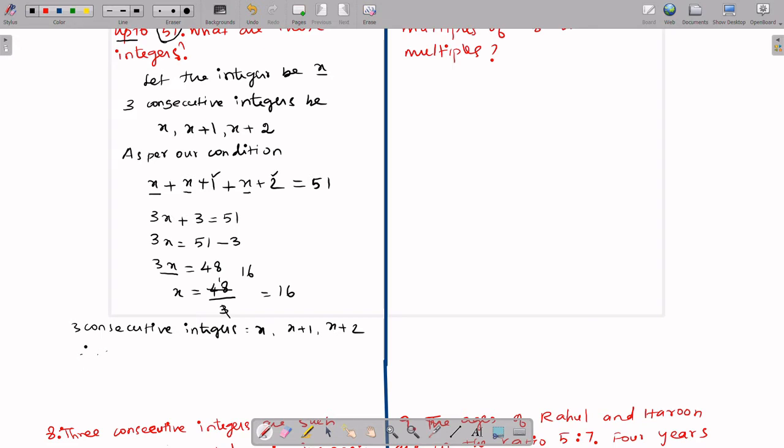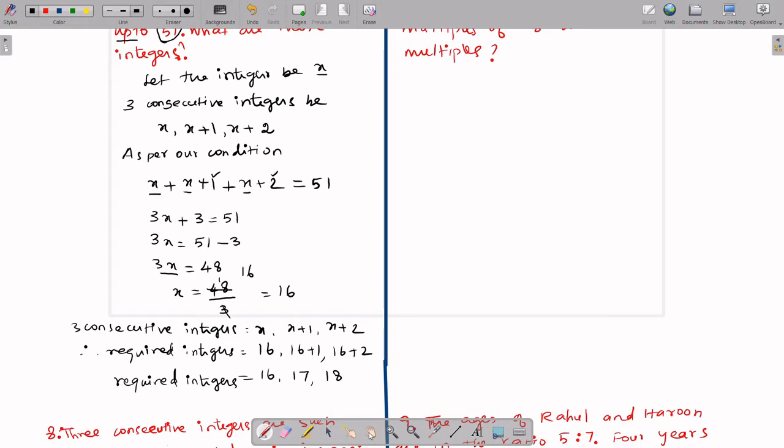So the required integers are 16, 16 plus 1 and 16 plus 2. That is, 16 plus 1 is 17 and 16 plus 2 is 18. So the required integers are 16, 17 and 18. Is that clear?